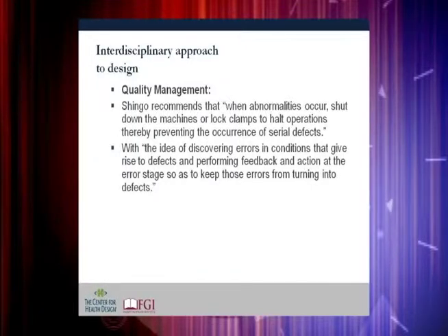With the idea of discovering errors in conditions that give rise to defects and perform feedback and action at the error stage so as to keep those errors from turning into defects. Okay, so we've now seen it from 4 different lenses. The recommendation is essentially the same. We need to bring people to a stop. We need to create barriers.